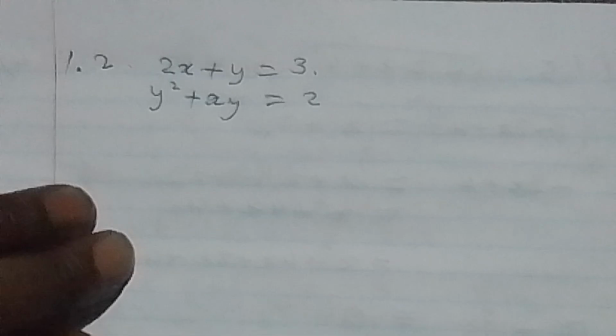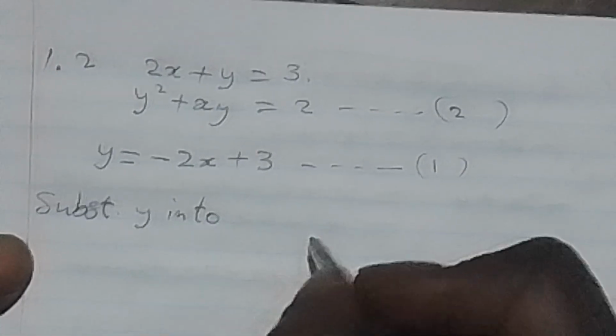Now here, rearrange this one to make y the subject of the formula. So y equals minus 2x plus 3. You call this equation 1, and then this one is your equation 2.